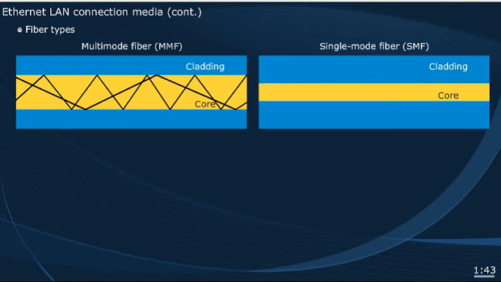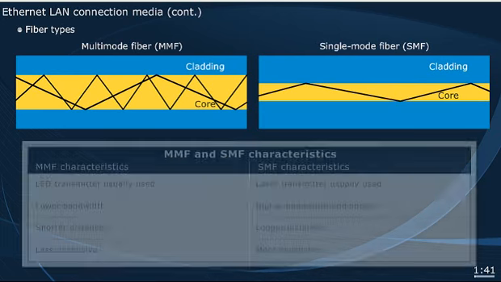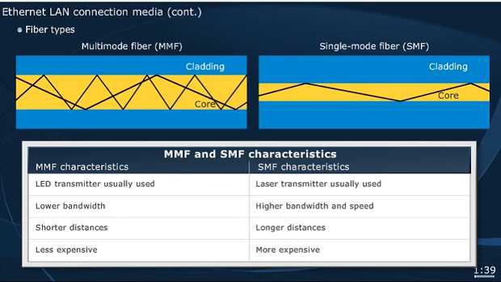There are 2 different fiber optic media that we can implement depending on what our overall goal is. We have multi-mode fiber and we have single-mode fiber. Now, when might we use each one?